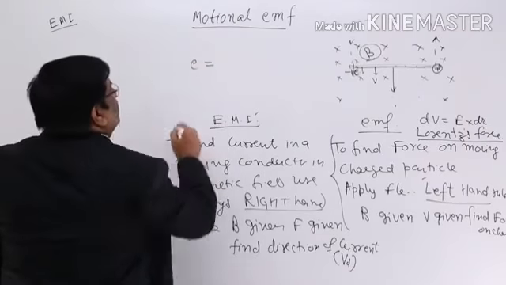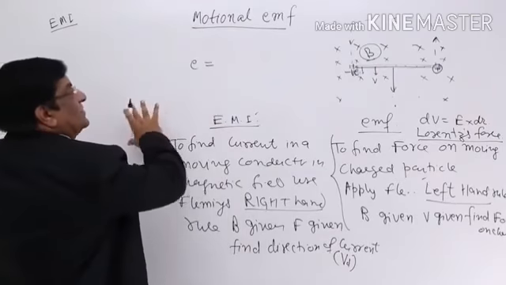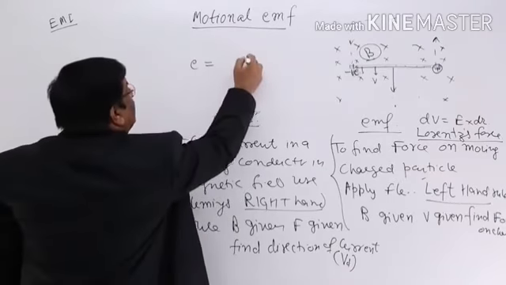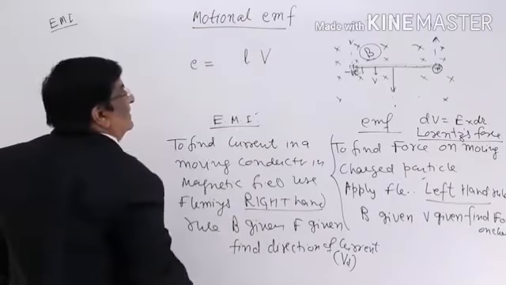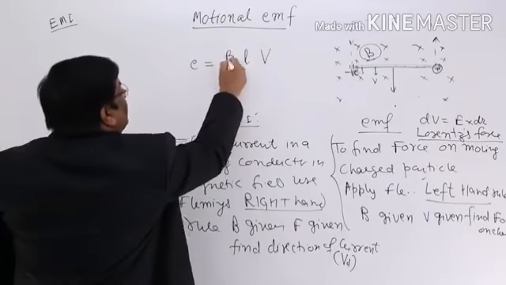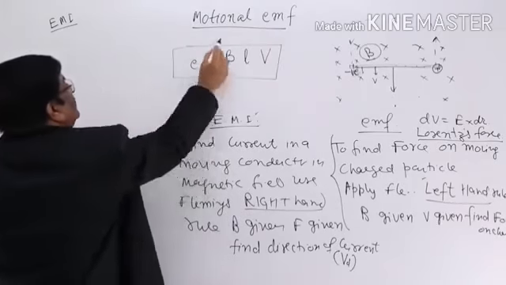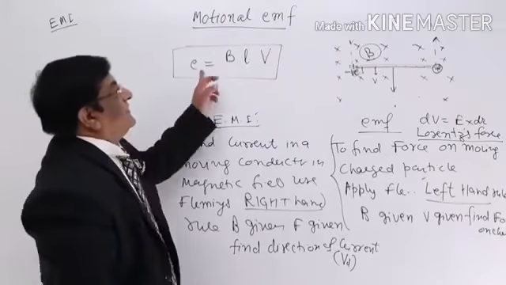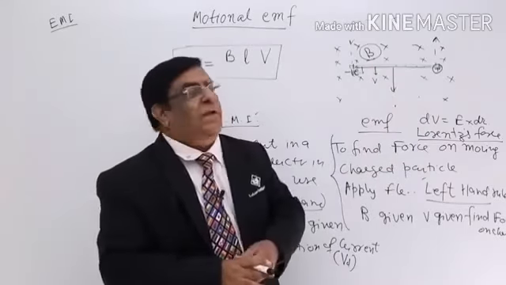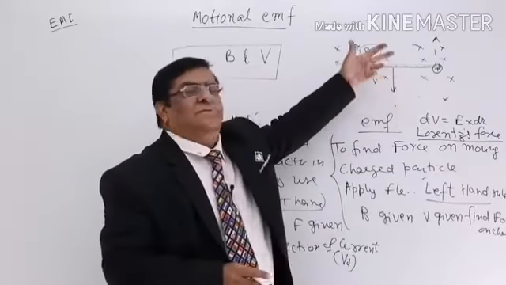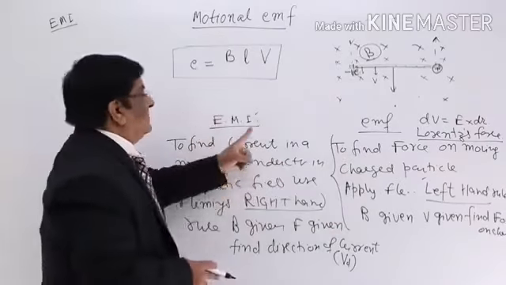We have already done the calculation in the previous lecture, that if a conductor of length L is moving with velocity V in a magnetic field of strength B, then the EMF induced across it is B into L into V. So this is the EMF induced across this falling one. And if we complete the circuit, then the current will flow. And this current you can find out by this rule.